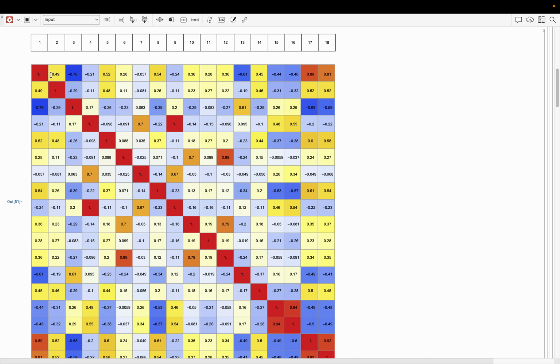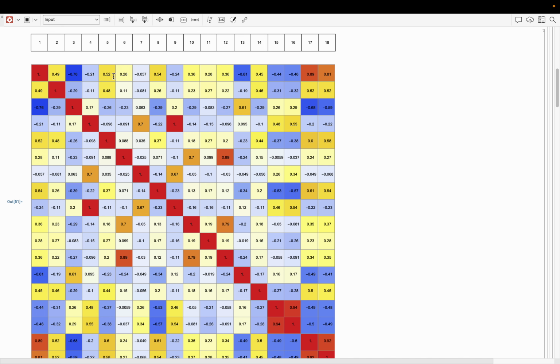When we look at the first row here, we see several variables that can be of use. For example, there is definitely variable number 3, which is negatively but strongly correlated with our dependent variable.